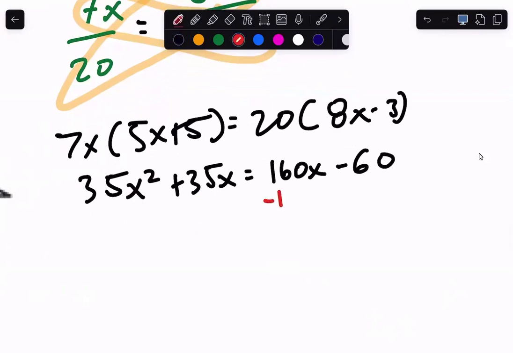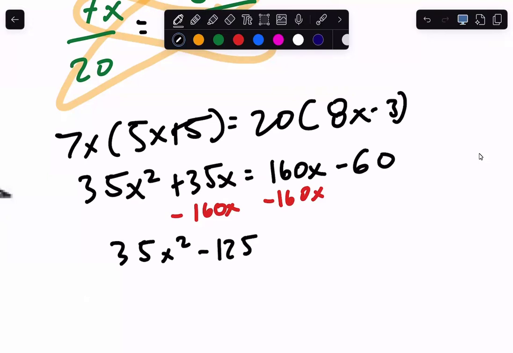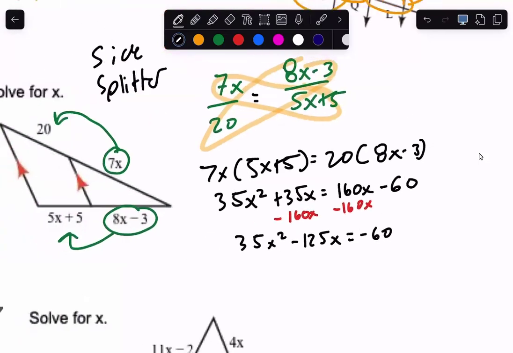So subtract 160x. Oh no, this one's actually kind of hard. 35 minus 160, negative 125x equals negative 160.